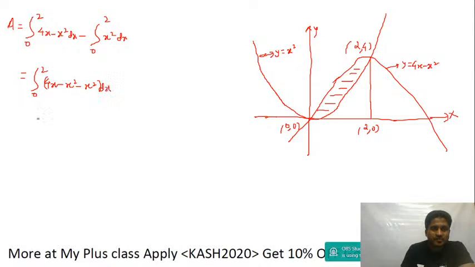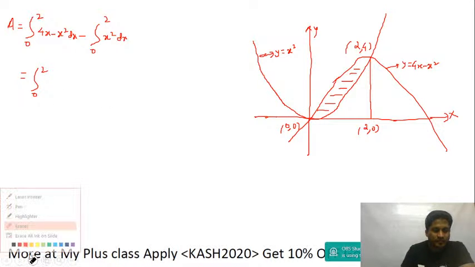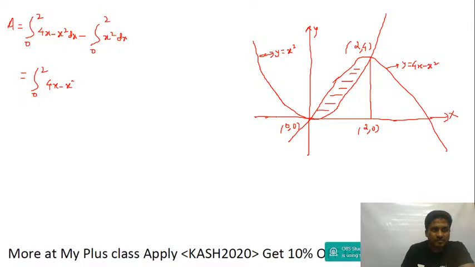This can be written as 4x minus x square, close the bracket, and then dx. So integration 0 to 2, you have 4x minus 2x square dx. 4 is a constant, integration of x is x square by 2 between the limits 0 to 2.